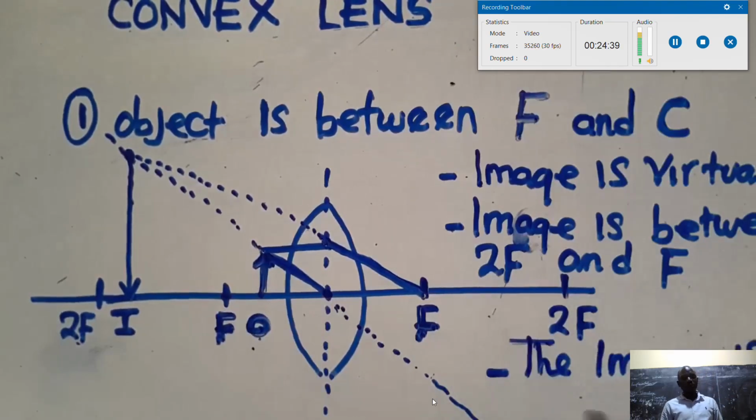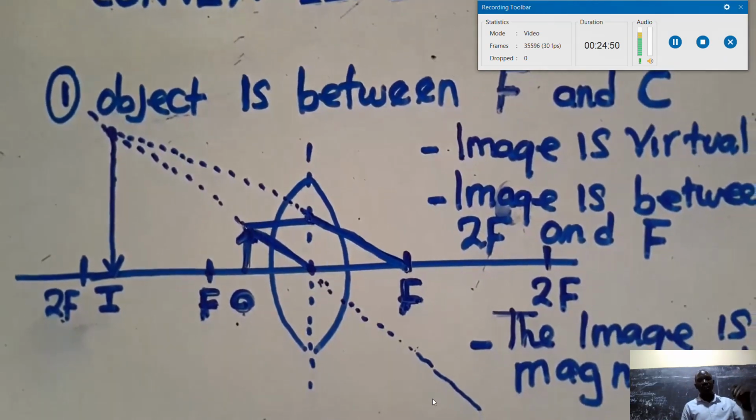Now, another property of this image: when we try to compare the height of the image in relation to the height of the object, you will realize that this image is taller, or bigger, than the object, and we can describe that as the image is magnified.